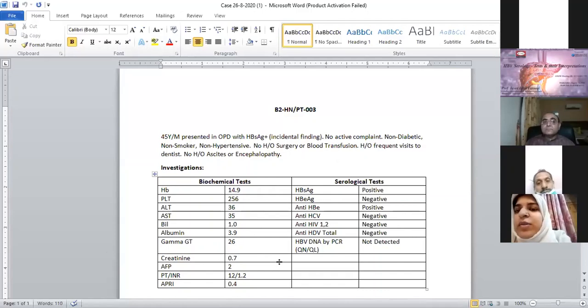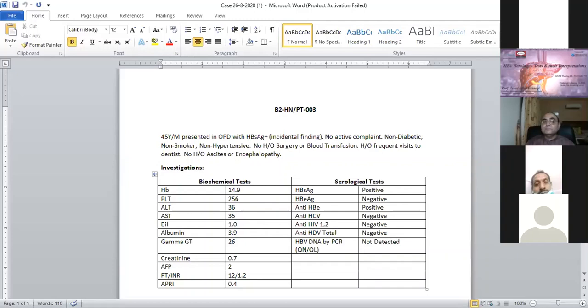It's a 45-year-old male presented in OPD with HBs antigen positive, which was an incidental finding. He had no active complaint, non-diabetic, non-smoker, non-hypertensive. He had no history of surgery or blood transfusion, history of frequent visits to dentists, no history of ascites or encephalopathy.